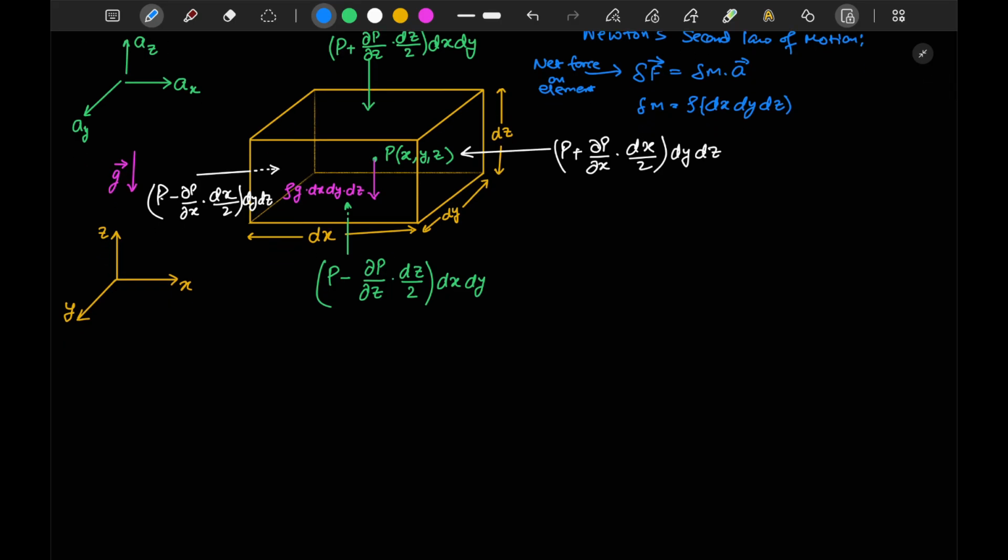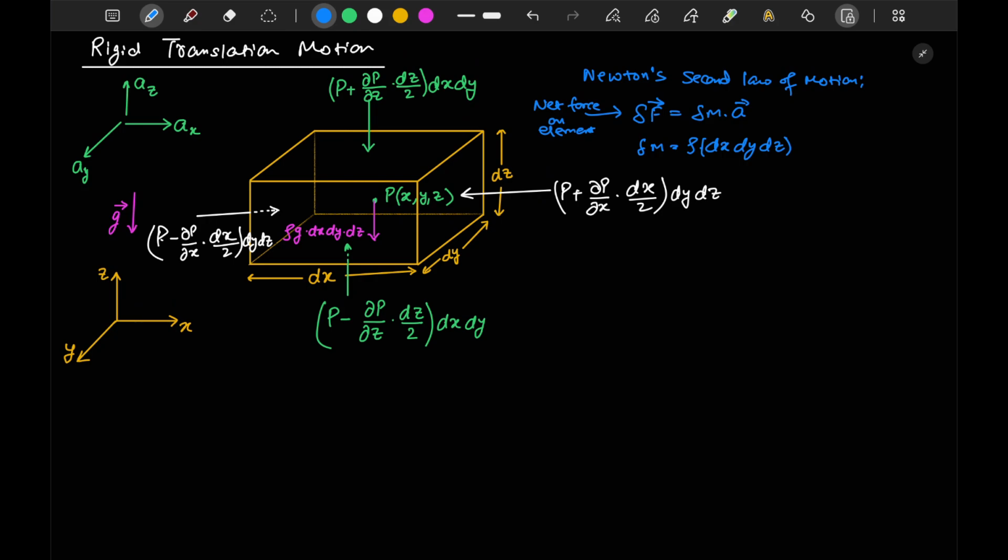So I can start applying Newton's second law of motion in all three directions.